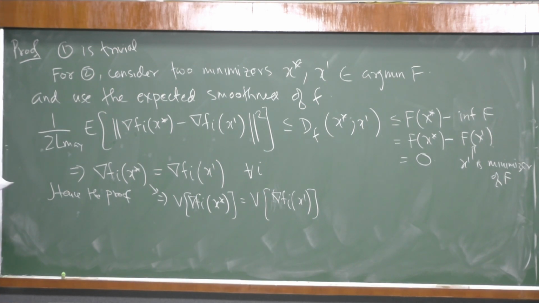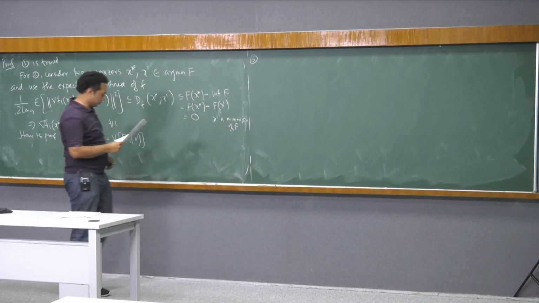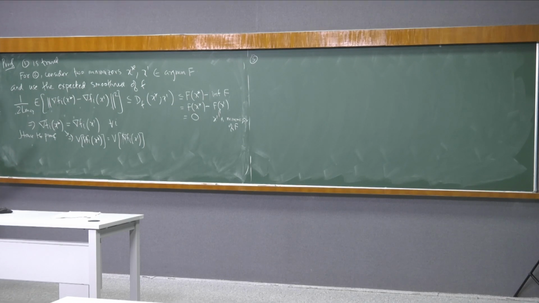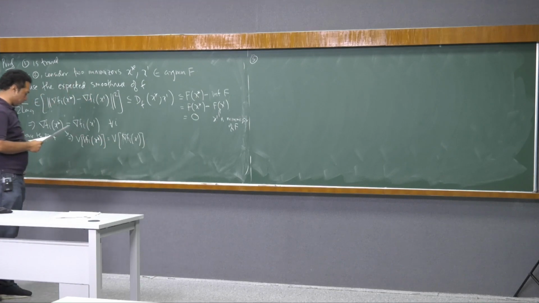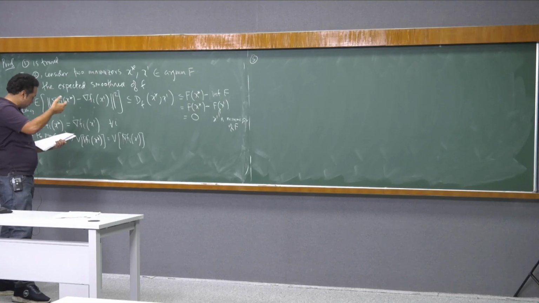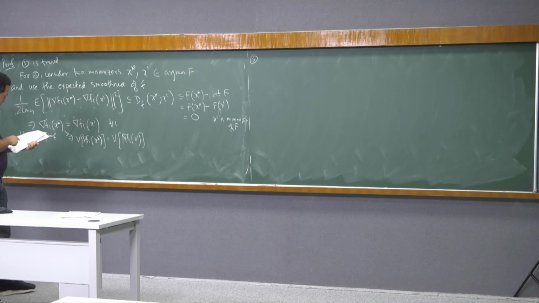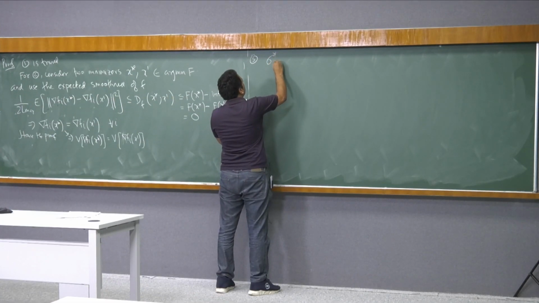Now let us look at the third one. The third one says: if sigma star is 0, then there exists x* in argmin of f such that x* is in argmin of g plus f_i, and the converse is true if g is differentiable. So sigma star f equal to 0 is given.